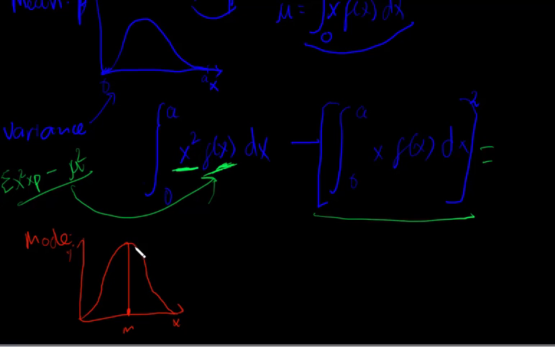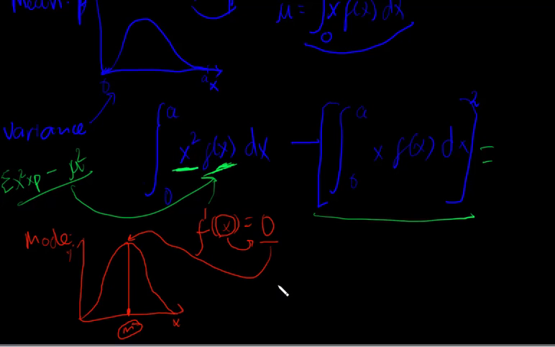Now we have this graph, and with the mode, we no longer integrate, but rather we differentiate. So let's just say we have f of x, and when we want to find the mode, we need to differentiate it, equate it to 0, and then find an x that satisfies this condition. That x will be the turning point. Because if it's equal to 0, this will be a stationary point.